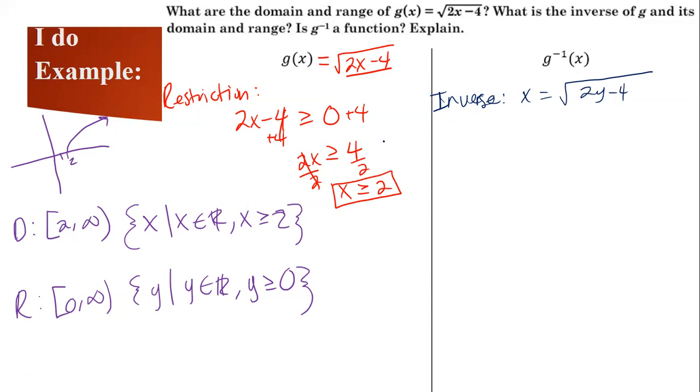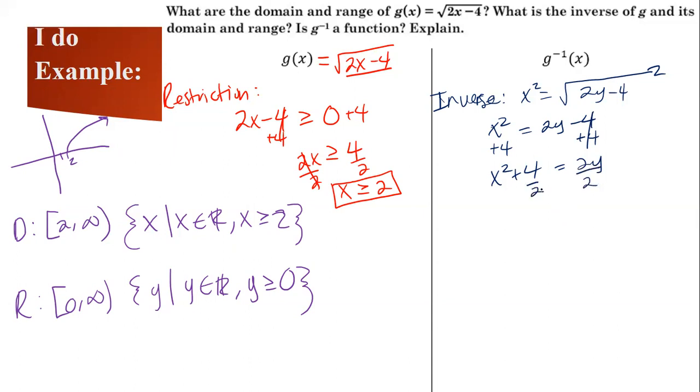Okay, so what do I do to find my inverse? Square. What do I do to one side, I do to the other. So we now have x squared equals 2y minus 4. So I now need to isolate the y. So what do I do to isolate the y? Add 4, and I'm left with x squared plus 4 equals 2y.